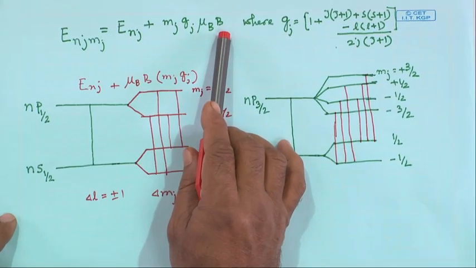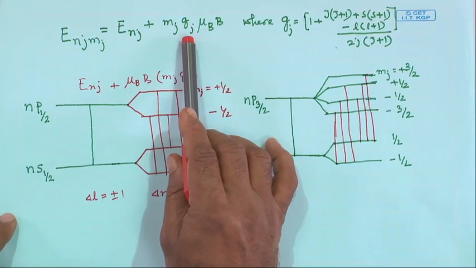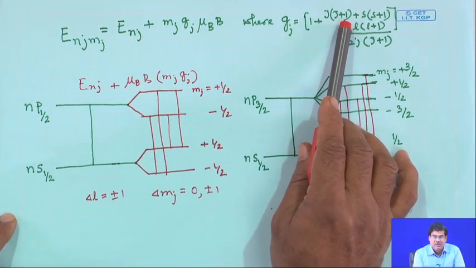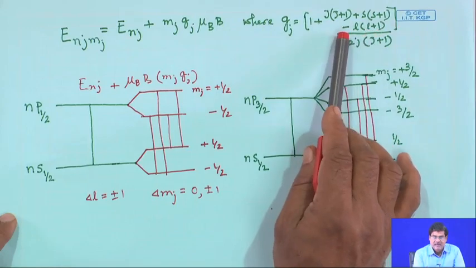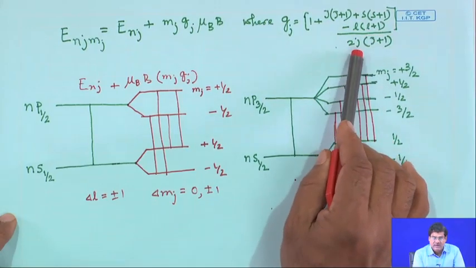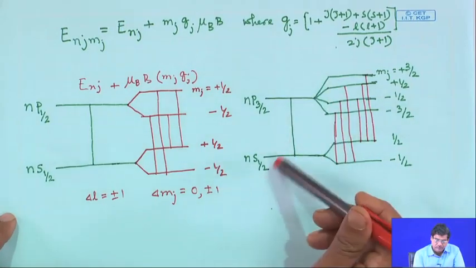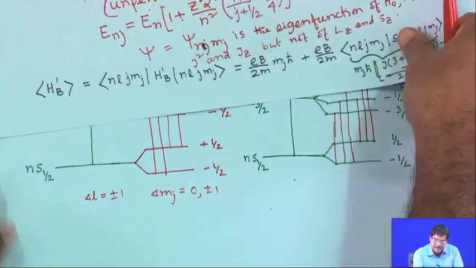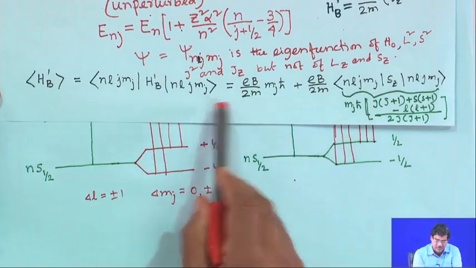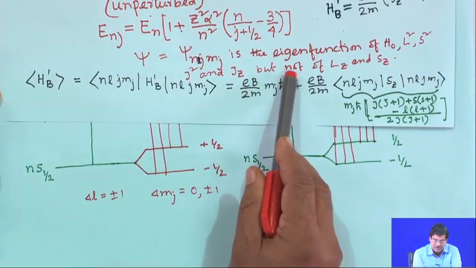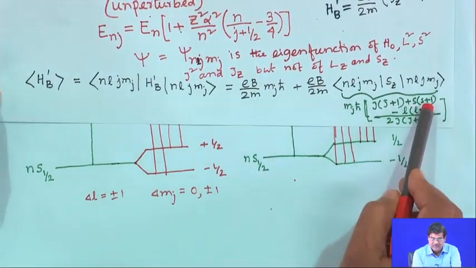So, g_J is basically 1 plus [J(J+1) plus S(S+1) minus L(L+1)] by 2J(J+1), as I mentioned earlier. As I told you, from here if you take eB by 2m common, then you will get 1 plus this one.